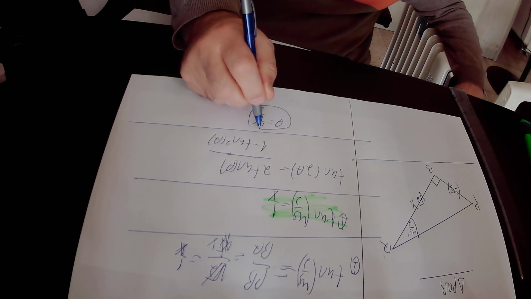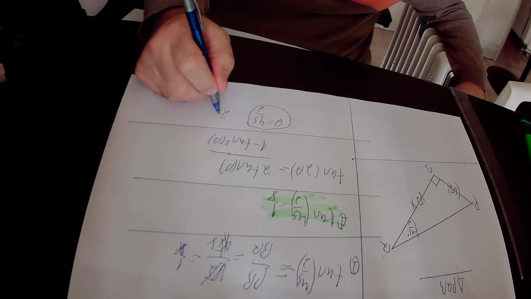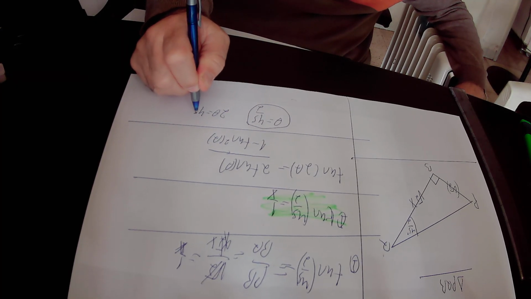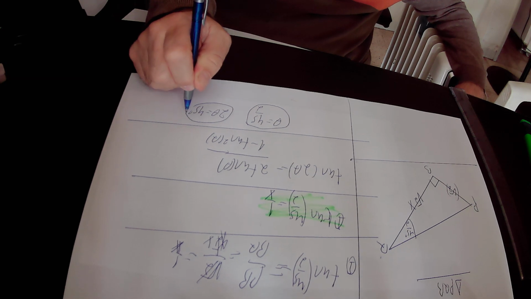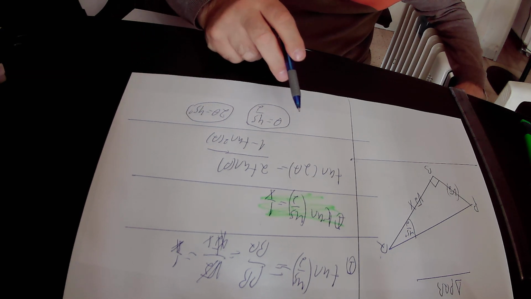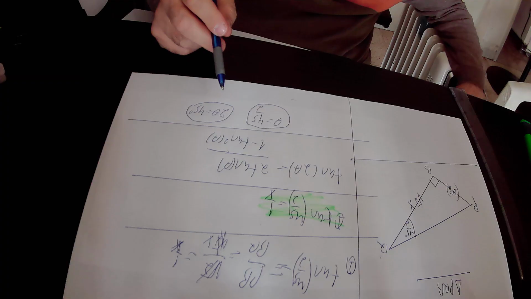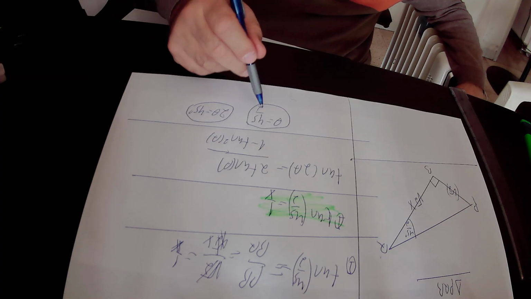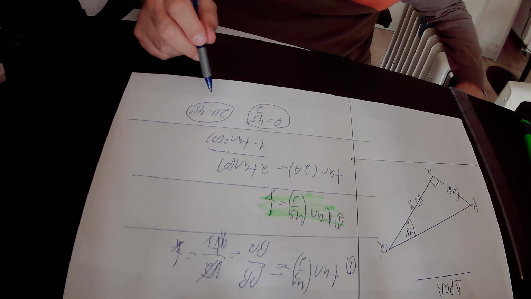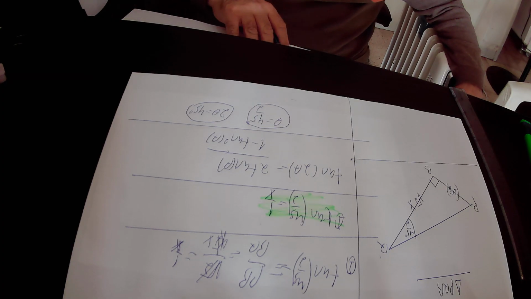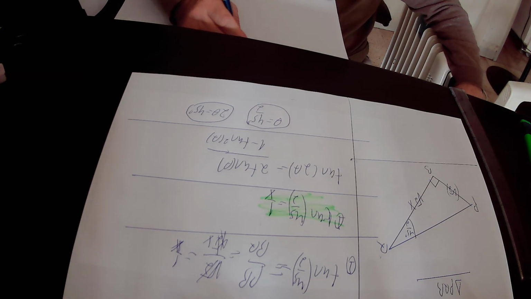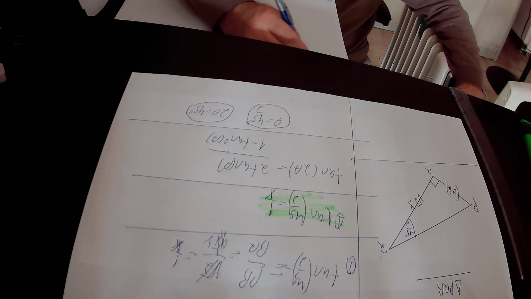So if theta is 45 over 2 degrees, it means that 2 theta is 45 degrees. Now we'll substitute theta in this trigonometric identity by 45 over 2 degrees, and we substitute 2 theta by 45 degrees. This will be equation number 2.